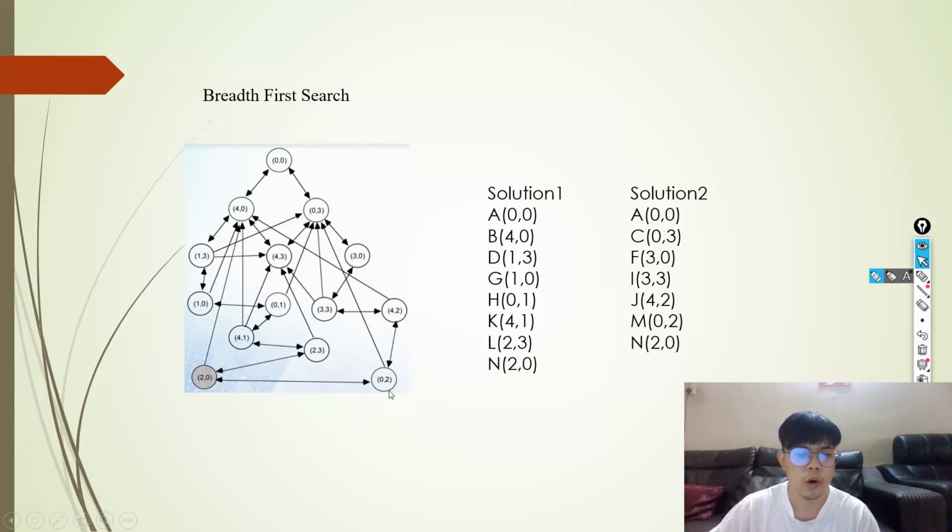Then we pour the X bucket into the Y bucket, so we get the same answer as solution 1, which is the Y bucket has 2 gallons of water while the X bucket is empty.